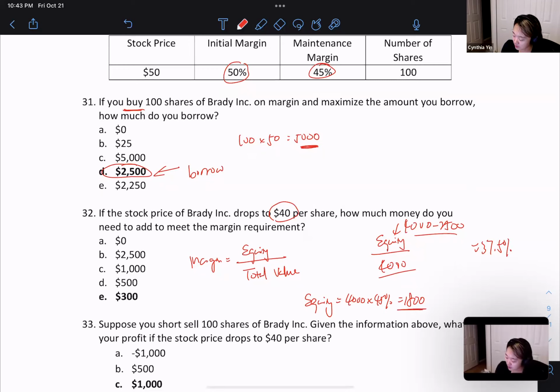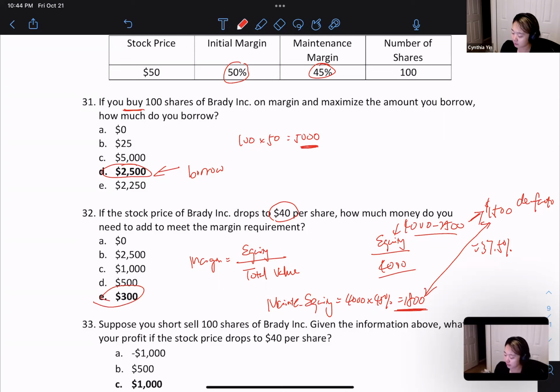So this 1,800 is the maintenance equity you should have, but what you de facto have is only $1,500. Then you have to pay $300 to make sure your current equity satisfies the maintenance equity standard.